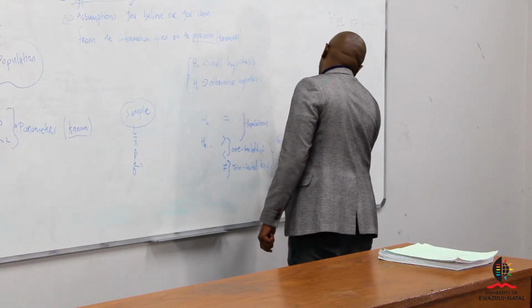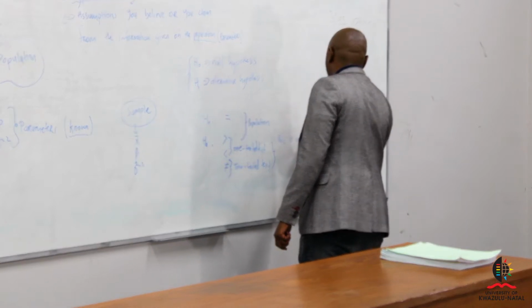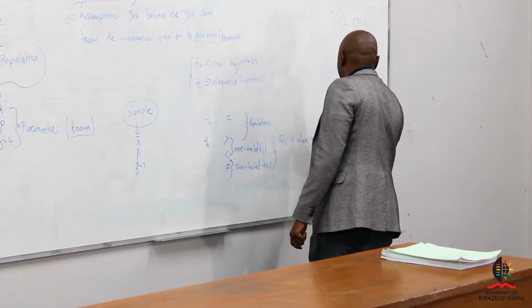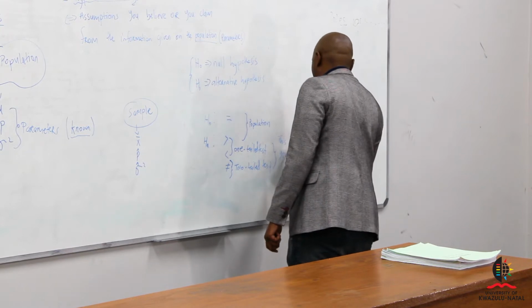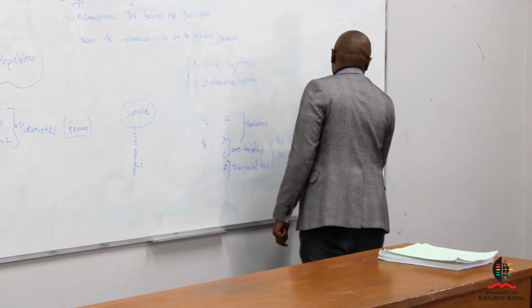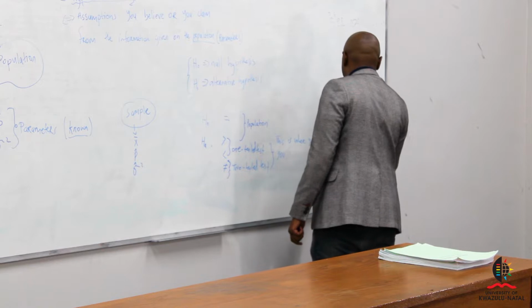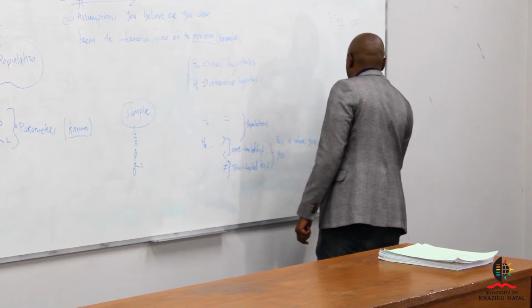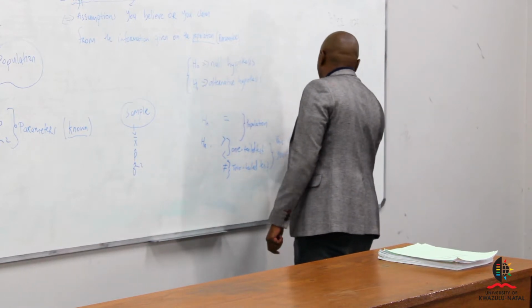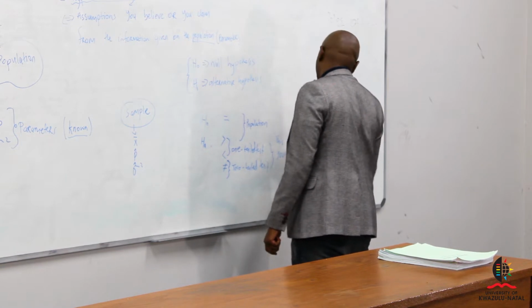This is where you identify your rejection region, or your critical region.